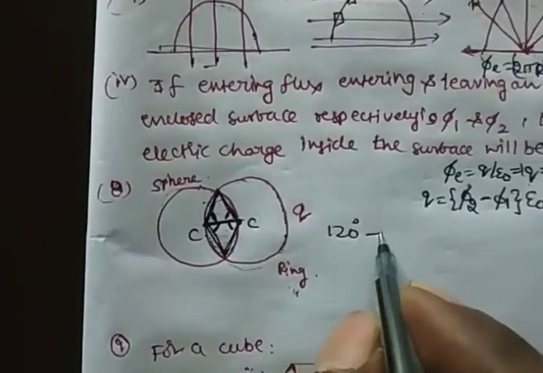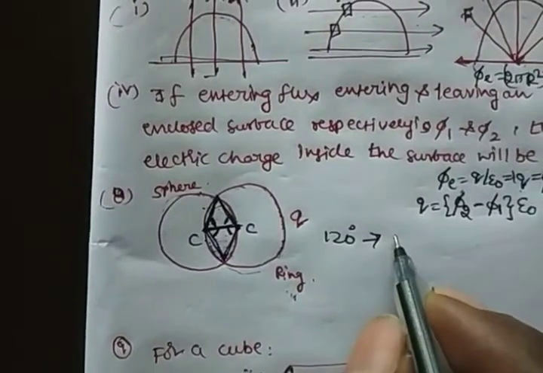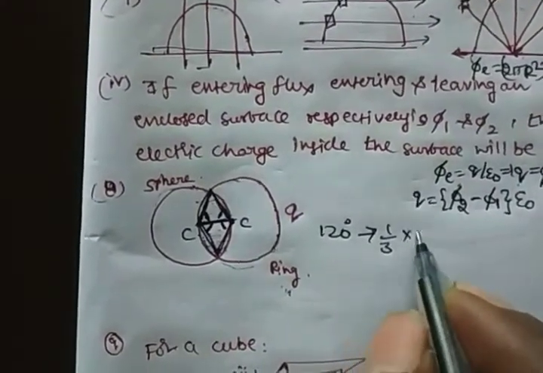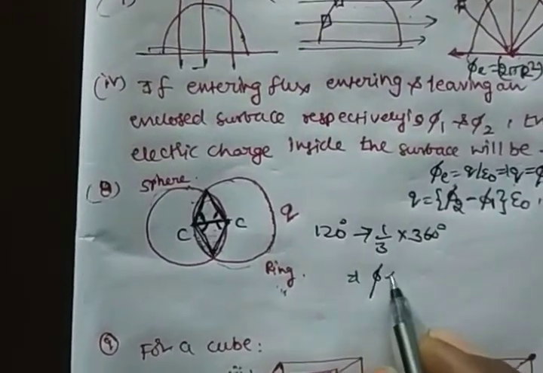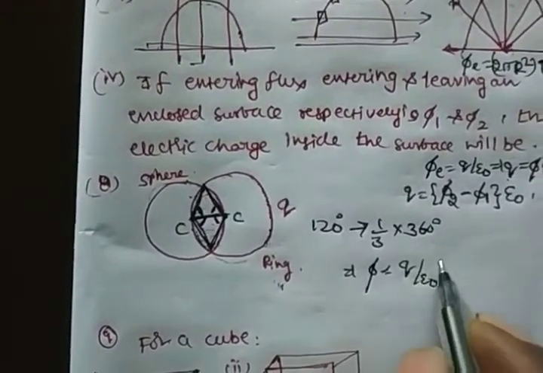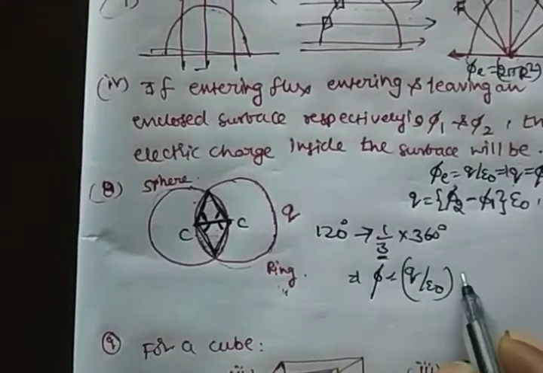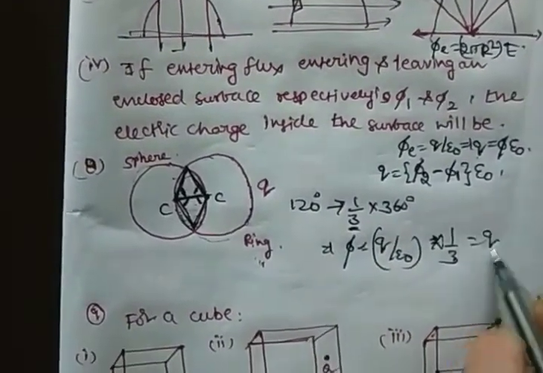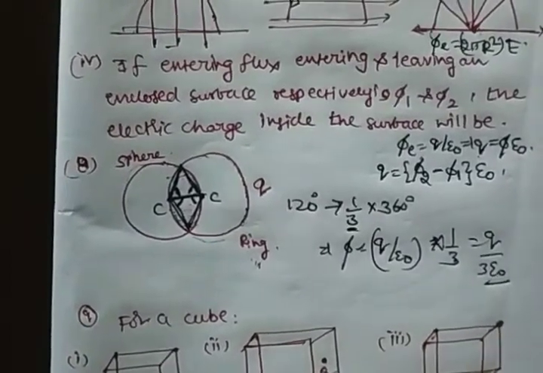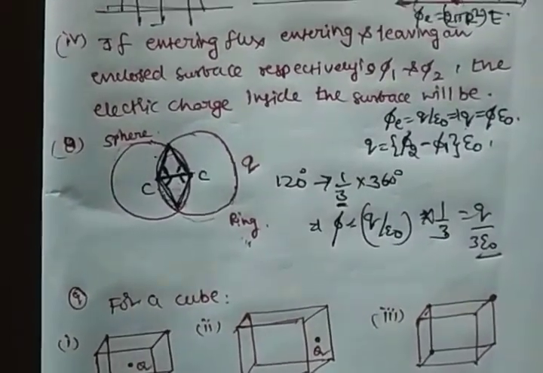That 120 degrees is how much part of 360? It is 1/3 part of 360. So that flux is nothing but Q by epsilon naught, but here it is 1/3, so you multiply with 1/3. So Q by 3 epsilon naught.